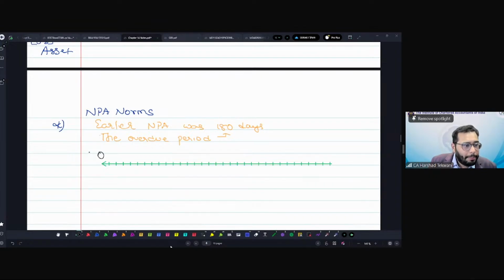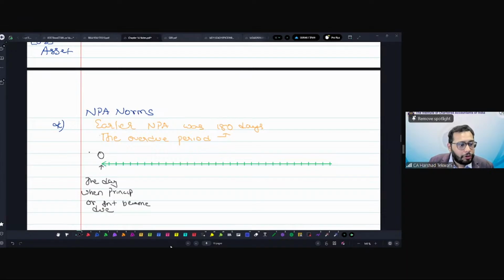This is the 0 point, meaning the day when either the principal amount or interest became due. For example, the day when the installment was due or was supposed to be paid on that particular loan, and a loan is an asset for the bank.